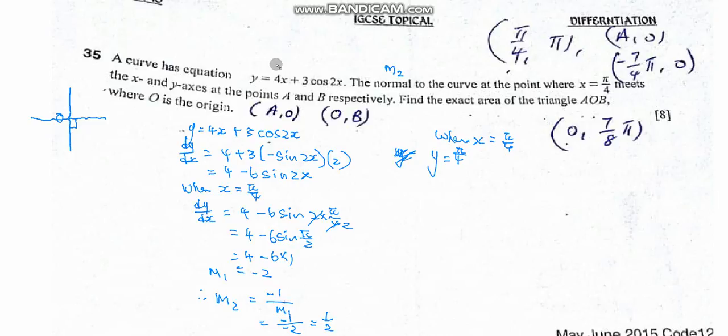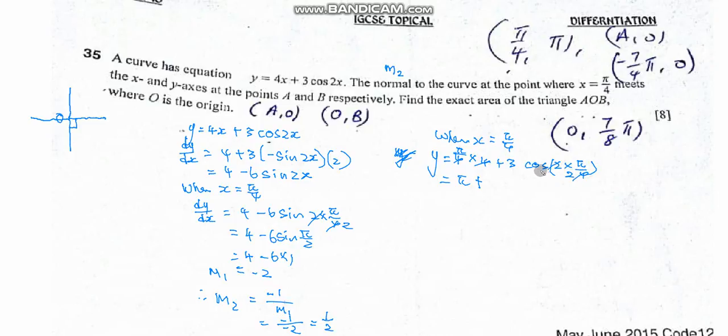Substitute into the equation y equals 4x plus 3 cosine 2x: 4 times pi over 4 plus 3 cosine 2 times pi over 4. Cancel the 4 to get pi, and pi over 2 is 90.